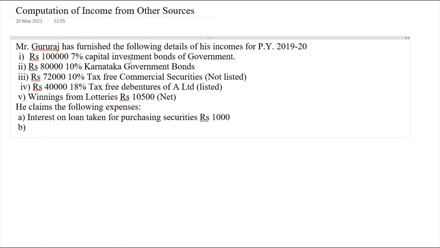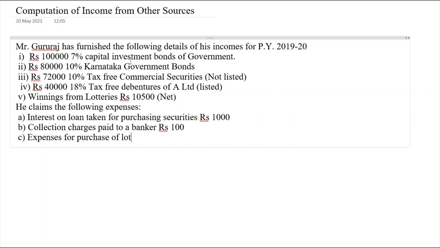B, collection charges paid to a banker, rupees 100. C, expenses for purchase of lottery tickets, rupees 400.